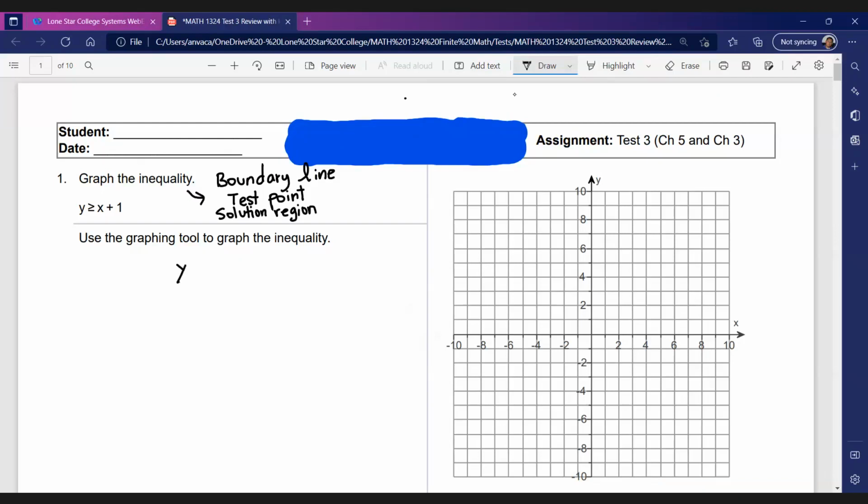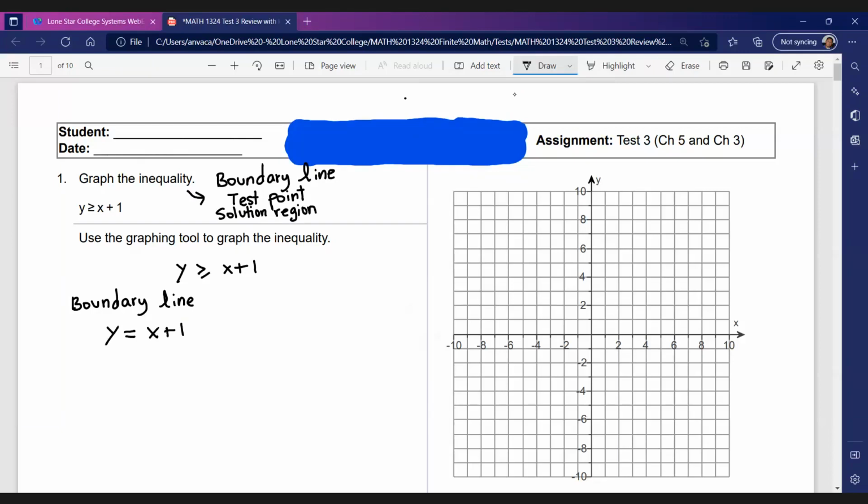In this example, we're trying to graph the inequality y is greater than or equal to x plus 1. The first thing I'm going to do is talk about the boundary line for this inequality. The boundary line will be the line y equals x plus 1.